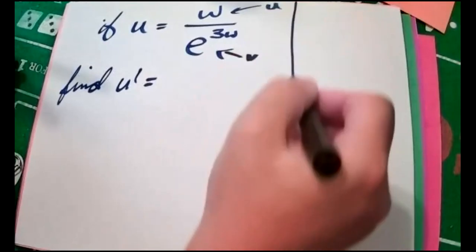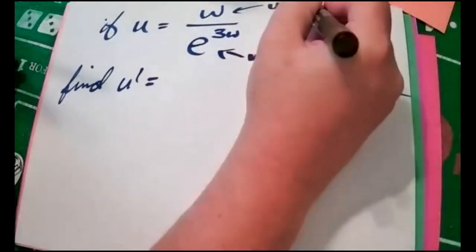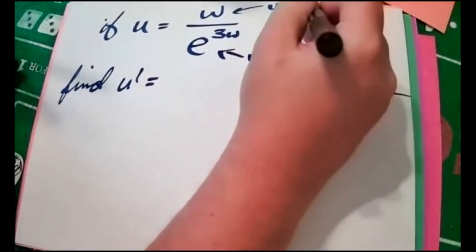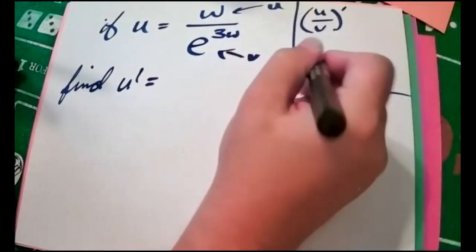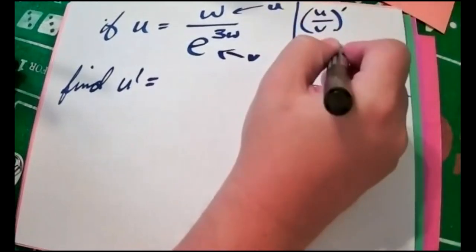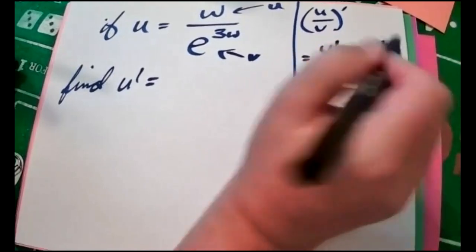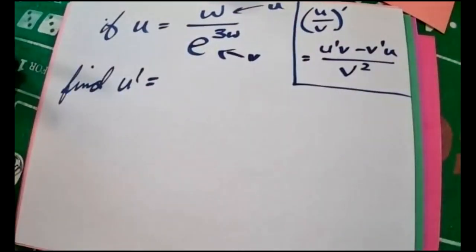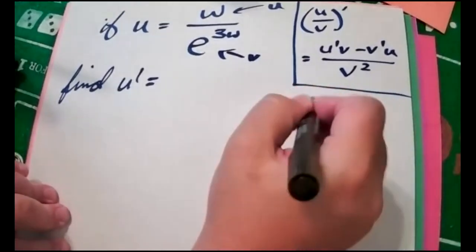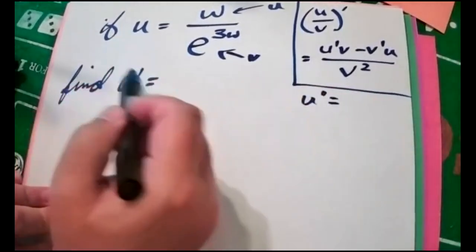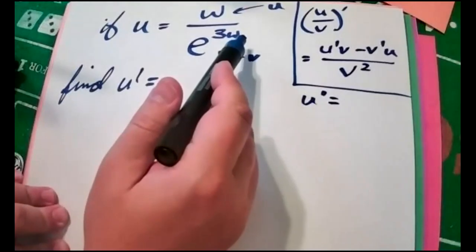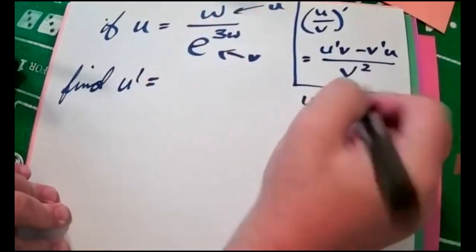And according to our quotient rule, we have already established that the derivative of u over v is going to be u prime v minus v prime u over v squared. That, again, is our quotient rule. Using that, I need to identify u prime, which, since this is with regard to w, I'm going to say the derivative of w, like the derivative of x, is 1.